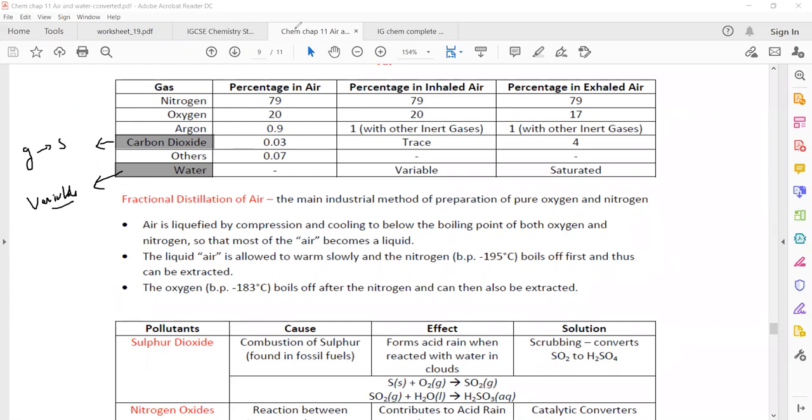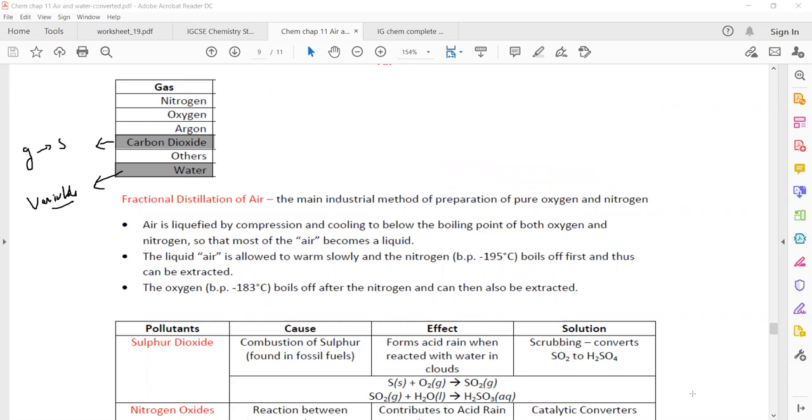How do we remove carbon dioxide from the sample of air?